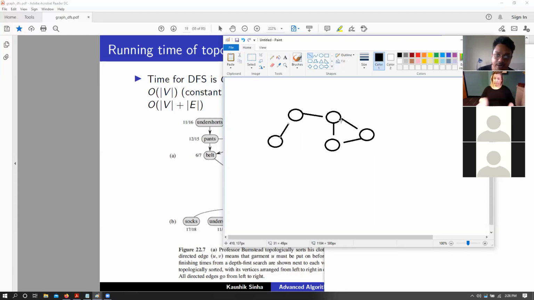So let's say that we started off from one of these 3 nodes, right? So if we started off from this particular node, we would first explore this, and then we would explore this, and let's say that we are done, and then we come out and explore this. We cannot go further because it's a directed edge, so we are done with this thing, right? So this has been post visited. All of those vertices have been covered.